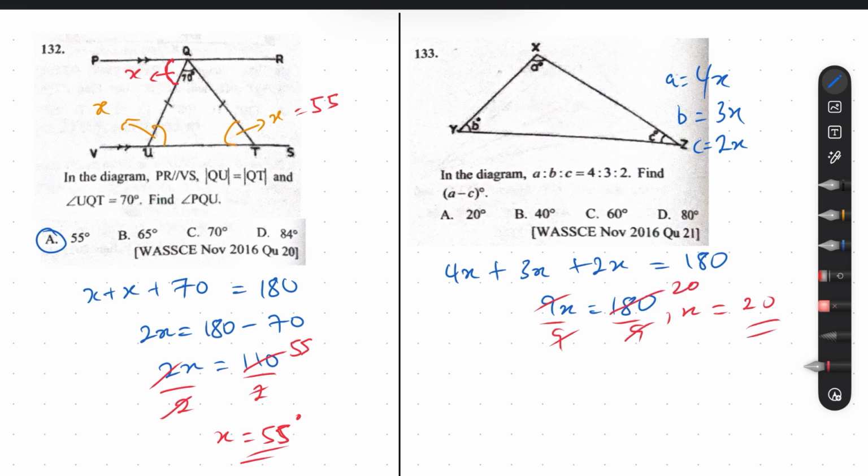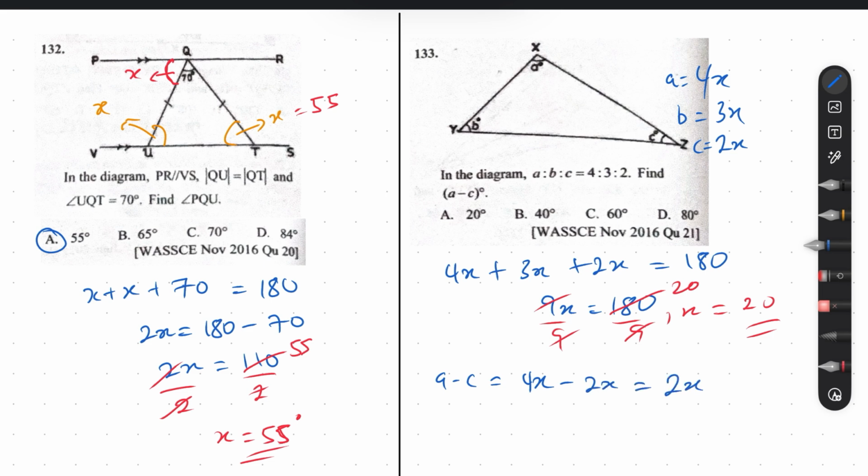Cool. Now the question says find A minus C. But we know that A is 4x and C is 2x. So A minus C will be equal to 4x minus 2x, and that will give us 2x.